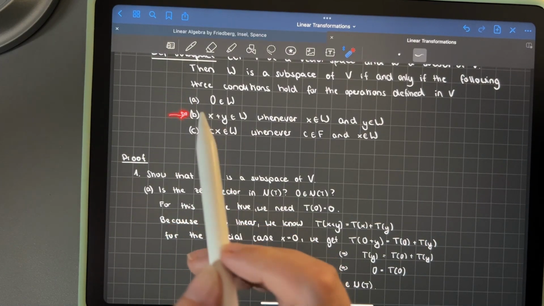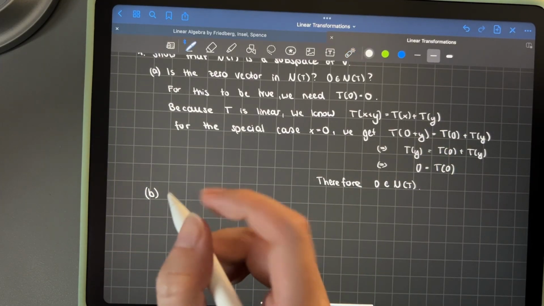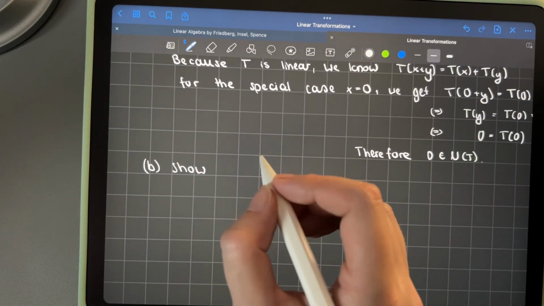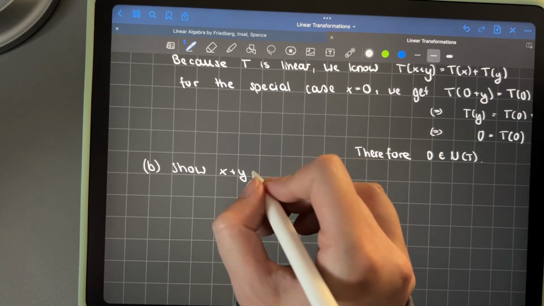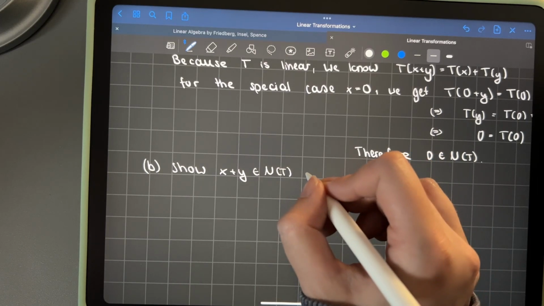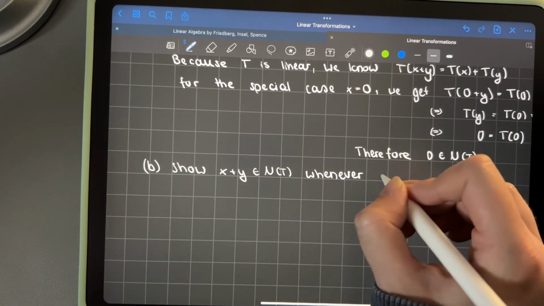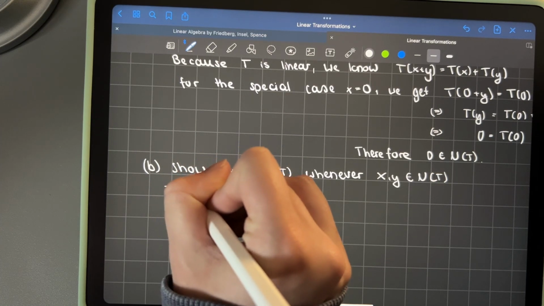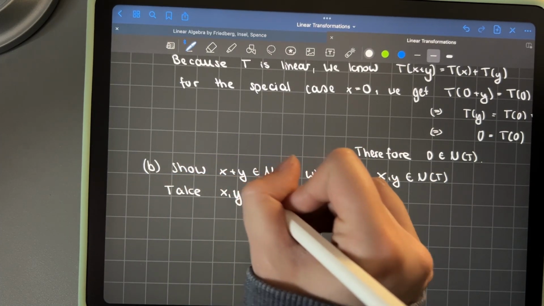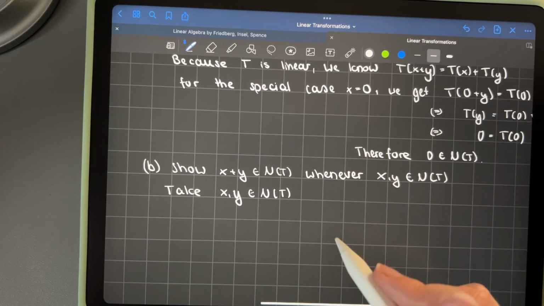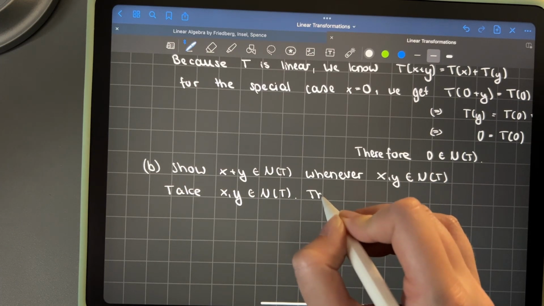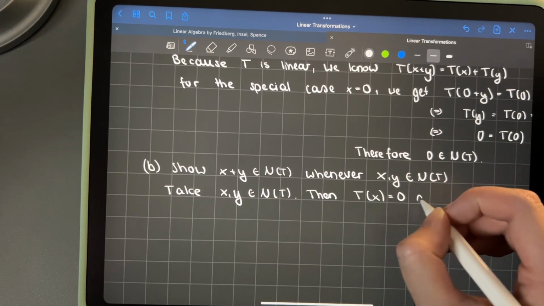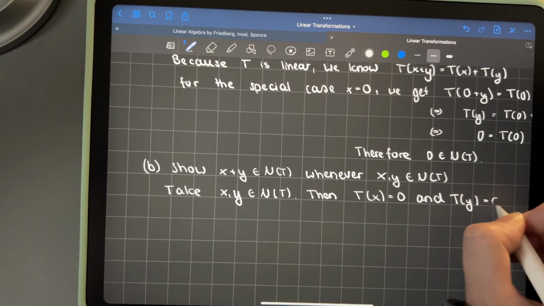Okay, so that was part A of showing that this is a subspace. Now let's look at part B, the addition. Show that x plus y is in N of T whenever x and y are in N of T. Let's take some arbitrary x, y out of the kernel, which we denote N of T. Then from the definition of the kernel, we know that T of x is 0 and T of y is 0 as well.